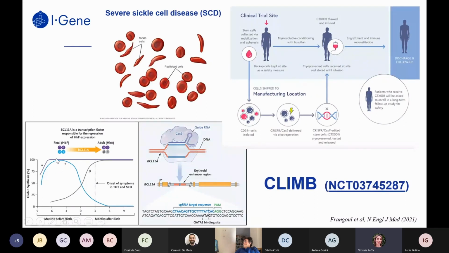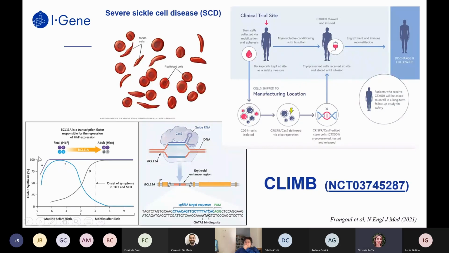Why? Because there is one gene which acts as a repressor and switch off the expression of the fetal form. So you understand which is the brilliant idea. The idea is let's repress the repressor, because if you repress the repressor, then you can activate the fetal form.